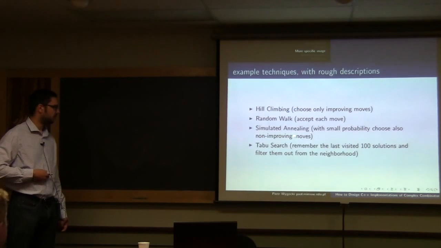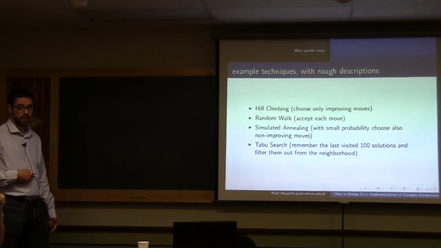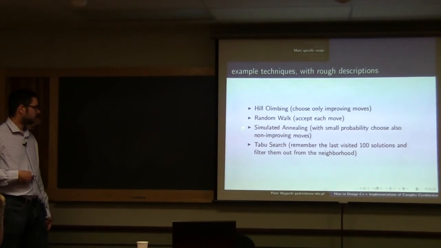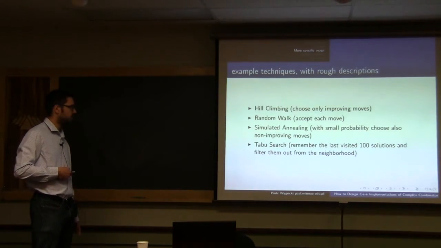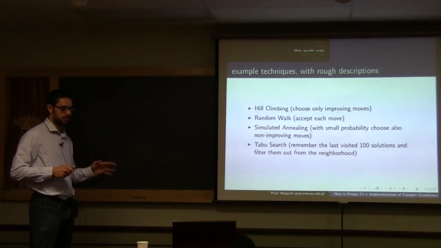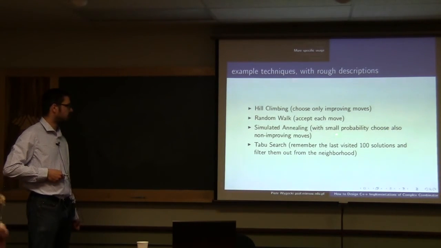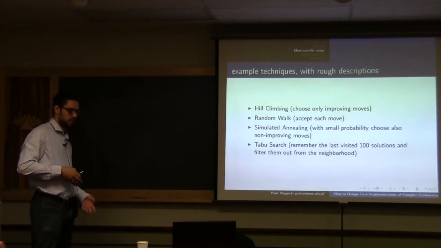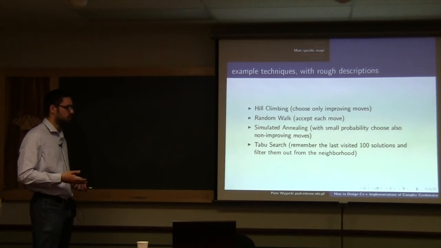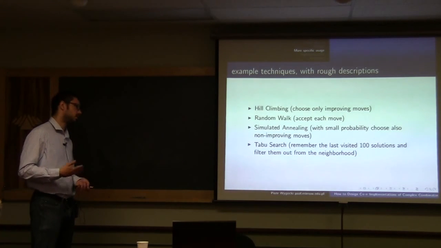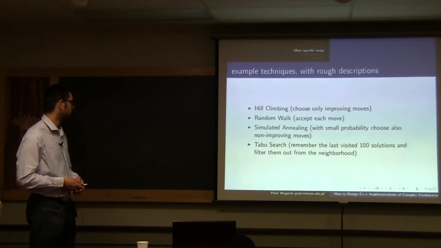As far as I know, this is the most popular strategy, and it's very useful in practice, so this one is worth noticing. This is a very rough description, but with small probability, we also accept non-improving moves. There is a random process which decides if the non-improving moves are accepted, and usually improving moves are always accepted. But this is not clear as well.